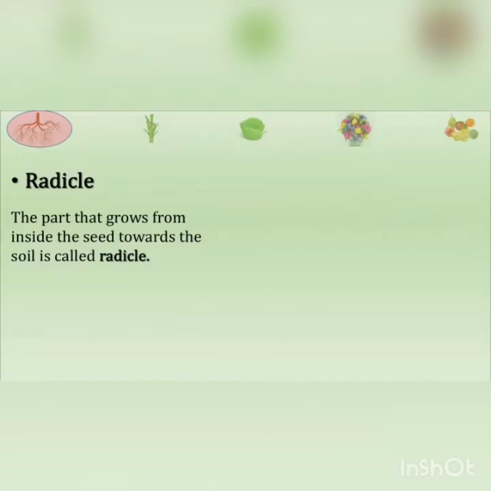First, we will see what is radicle. Children, the part that grows from inside the seed towards the soil is called radicle.